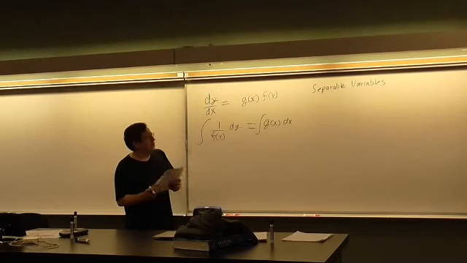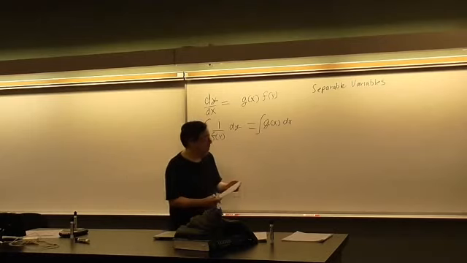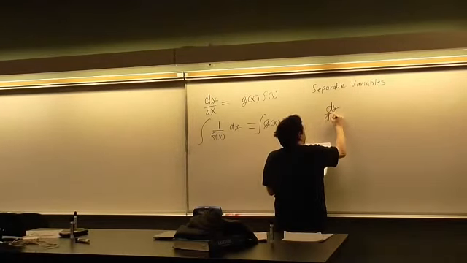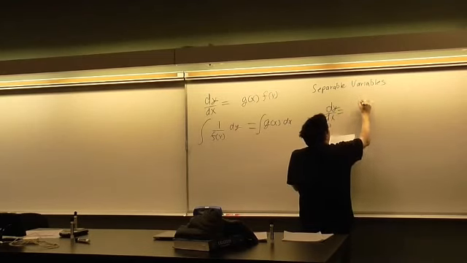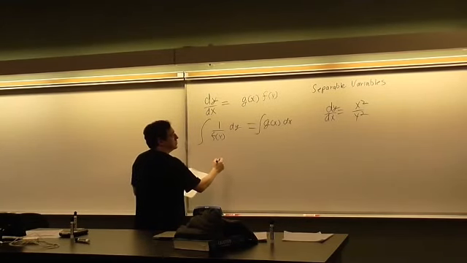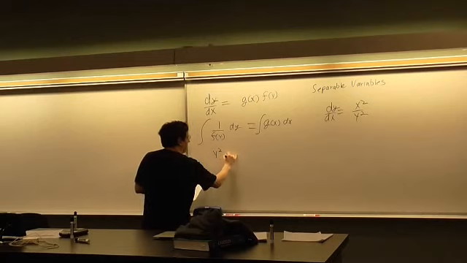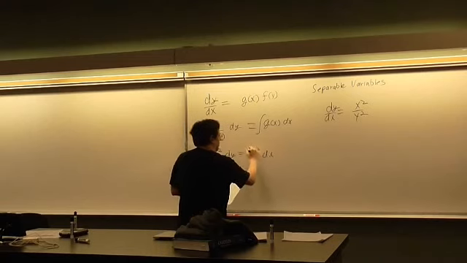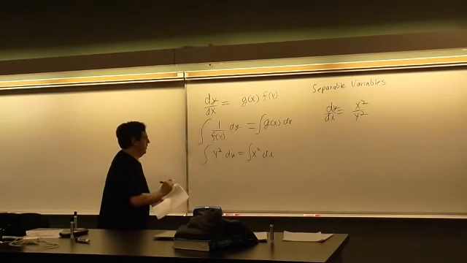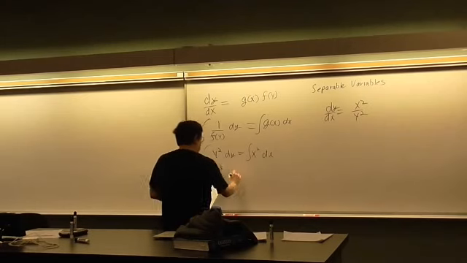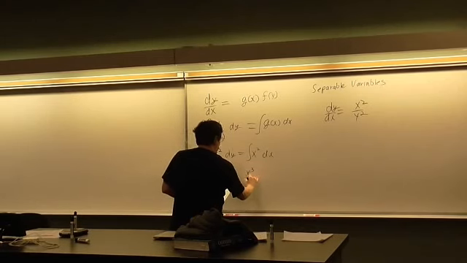So let's do an example. dy/dx equals x squared over y squared. So I'm going to end up here with y squared dy equals x squared dx. I'm going to integrate. I'm going to get y cubed over 3 equals x cubed over 3.